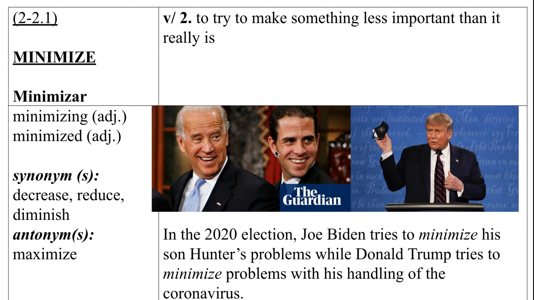So that's a good example of minimize, because the coronavirus really is a very serious problem, but Donald Trump is trying to make people not think about it. He wants people not to think about it because if they think about it, they might think that he made mistakes and maybe they will not vote for him. So politicians minimize problems a lot.